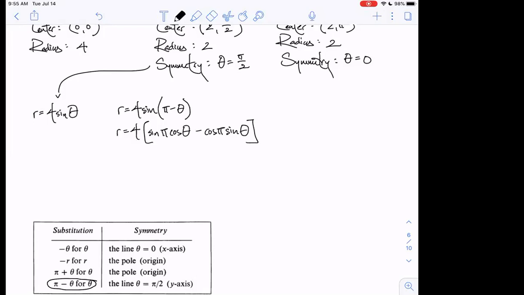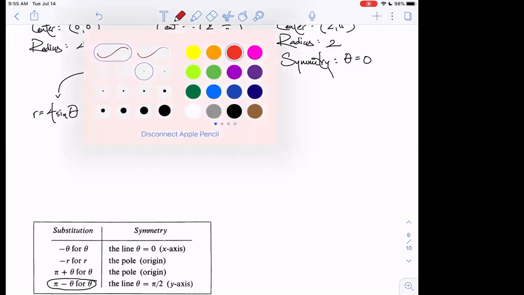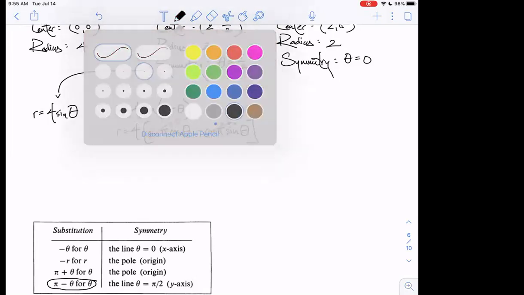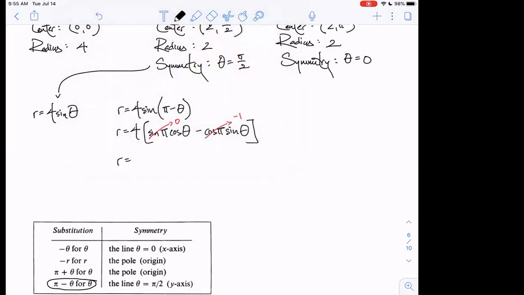And then we can substitute any values that we know. For example, I know that sine of pi is 0, and I know that cosine of pi is -1. When I make those substitutions, I end up with 4 times 0, because 0 times cosine theta will be 0, and then minus a negative sine theta.